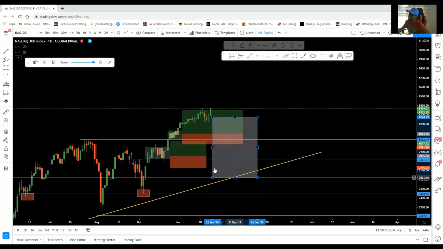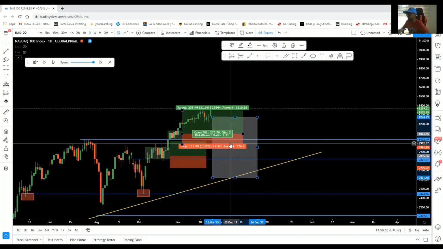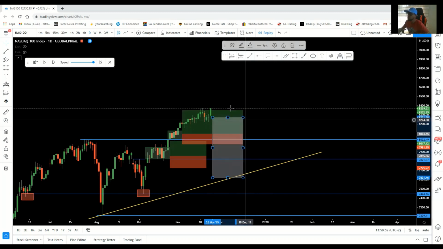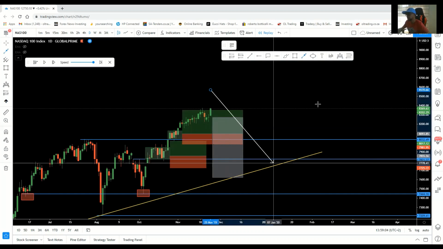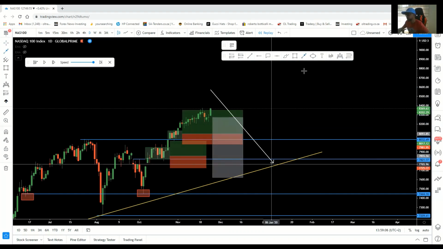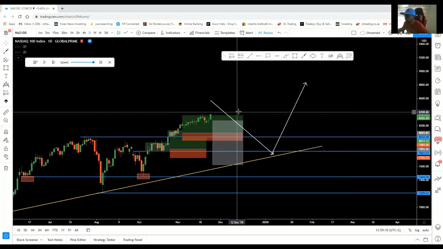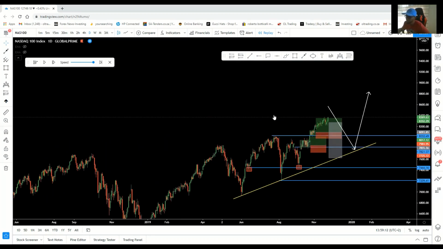The further it moves, it simply means that we'll be waiting for a move that will definitely come back to retest this trend line before shooting back up. You understand? So you just need to understand the movements that you're taking and also be able to be one step ahead.